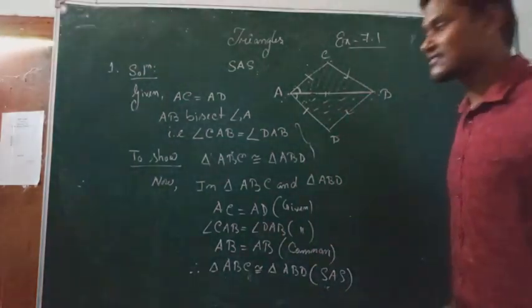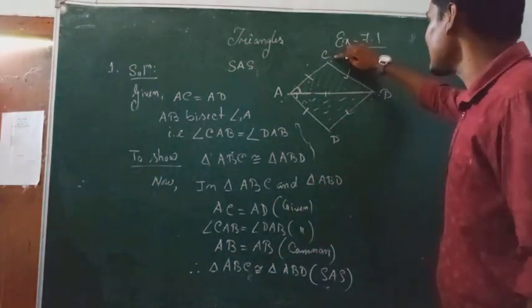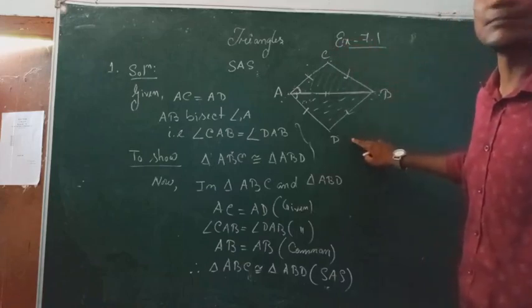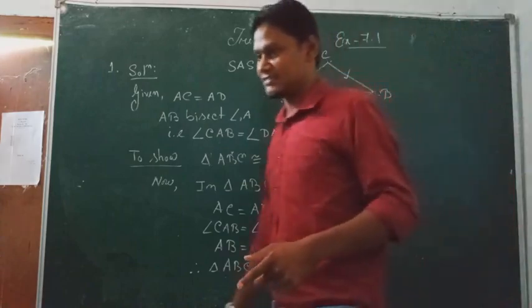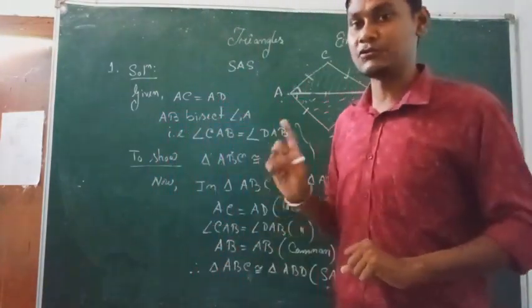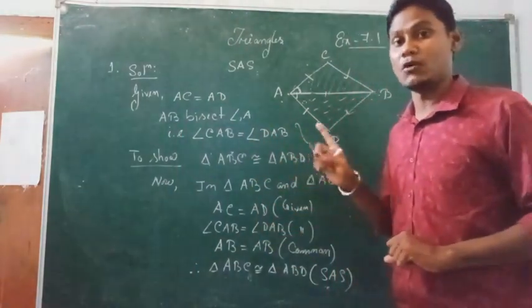Now let's look at the second part of this question. We have been asked, what can you say about BC and BD? As I told in the last class itself, if you are able to show that two triangles are congruent, then their corresponding parts will automatically be equal.